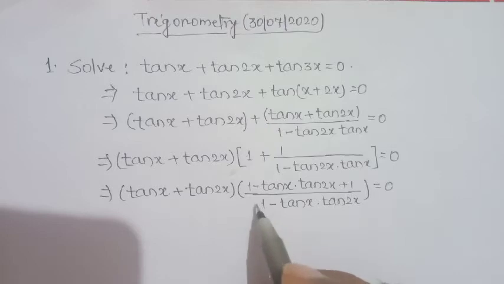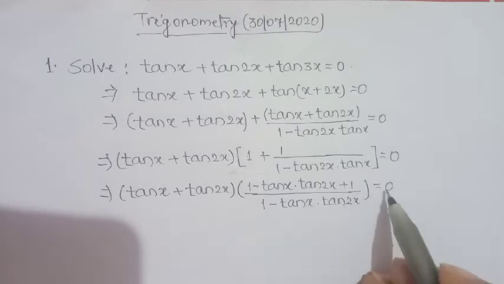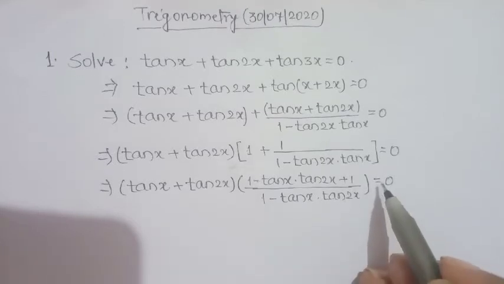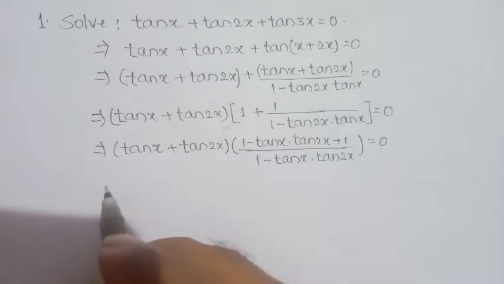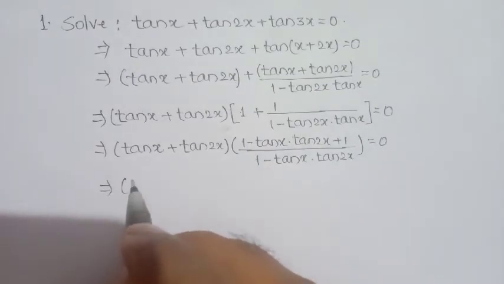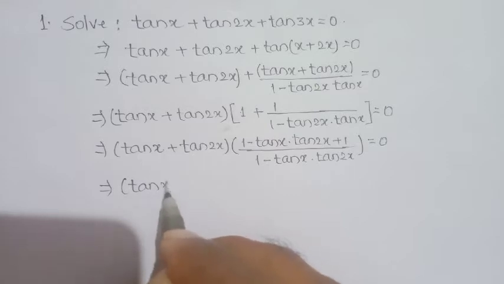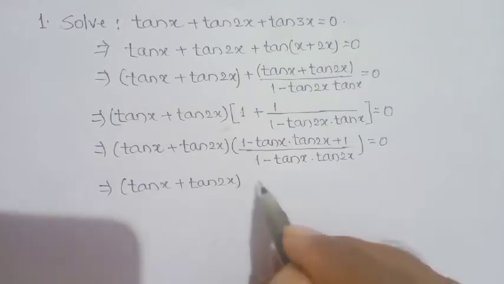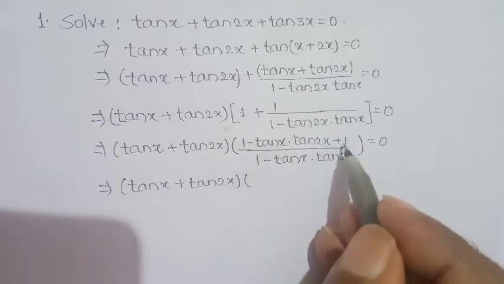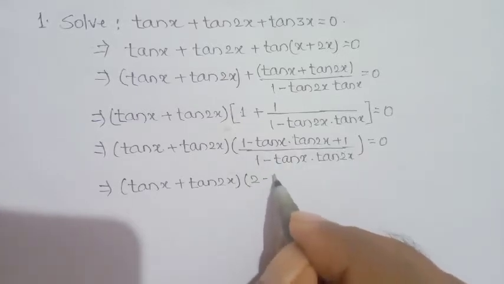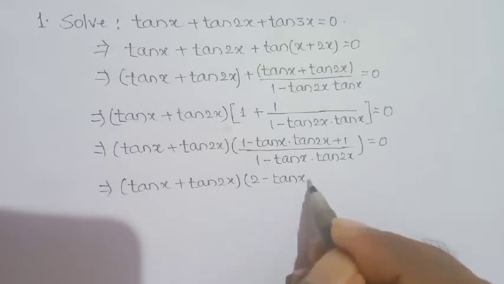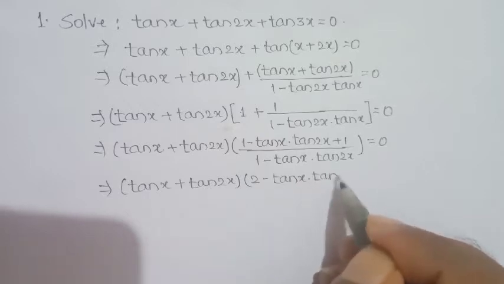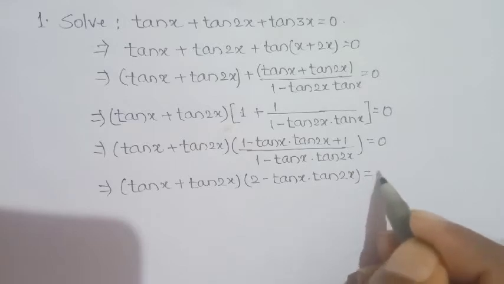Now this denominator 1 minus tan x into tan 2x goes to the right side, and becomes 0. So it may be written as tan x plus tan 2x into 1 plus 1, that is 2 minus tan x into tan 2x, equals 0.